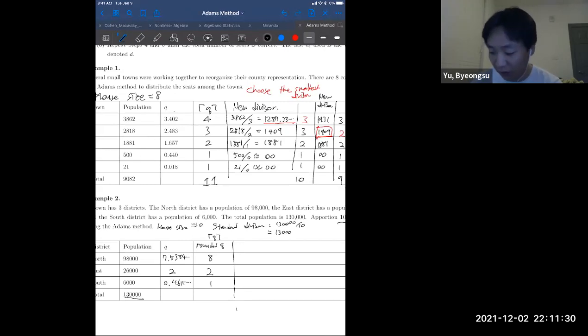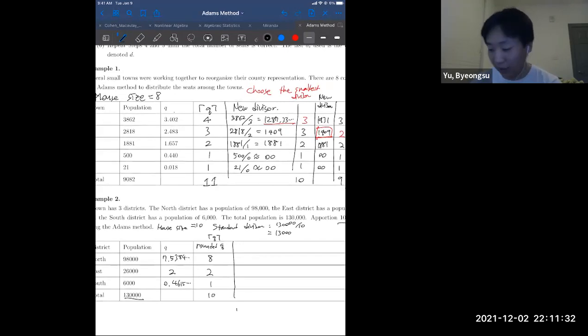So here you get 11 in total. We need to decrease one seat here. In the Adams method, we only need to decrease if we need to. There are no cases where we need to increase our seats. That's why we only use the new divisor, the population divided by the apportioned seats minus 1.